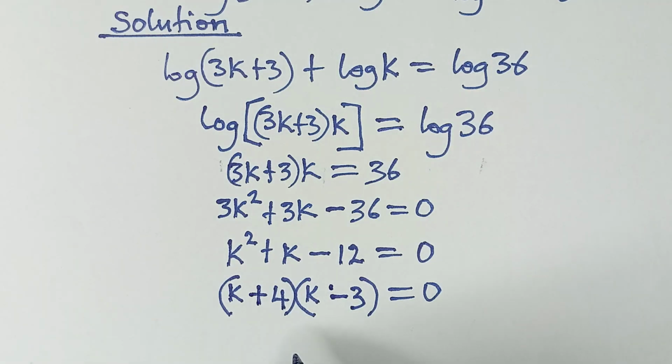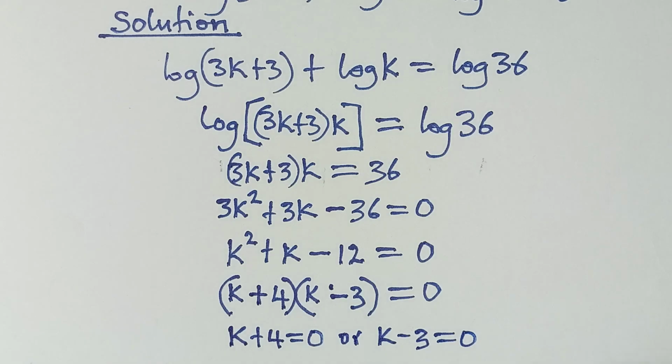So that means for us to solve this, we can now equate each of the brackets to 0 because multiplying them gives us 0. So k + 4 = 0, or k - 3 = 0.